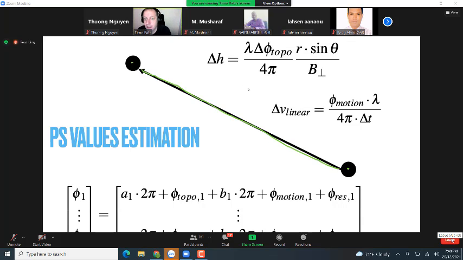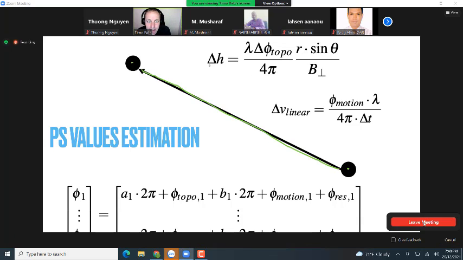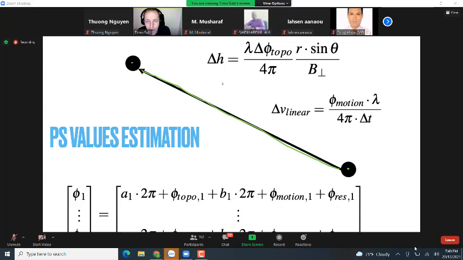So we can now have a look at the equations to see the difference in height between these two points. This one here, delta H, is related to the wavelength, the difference in the topographic phase, the range, the incidence angle, and the baseline. And this is all we know.